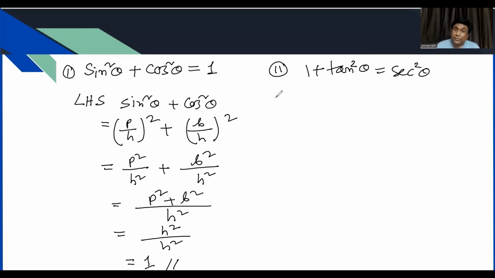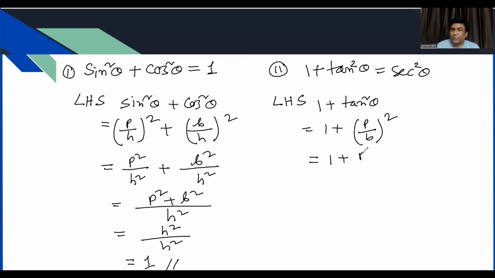So we can prove this also. Left hand side is 1 plus tan square theta. Tan theta means perpendicular by base. Today only I have given you, so you will not remember, but it will take some time. You can remember.